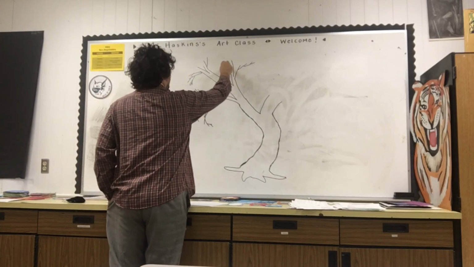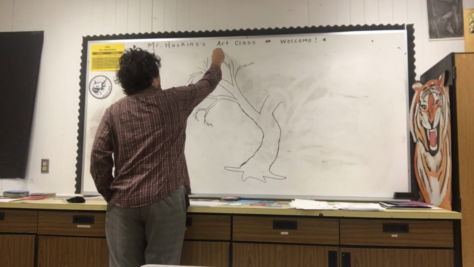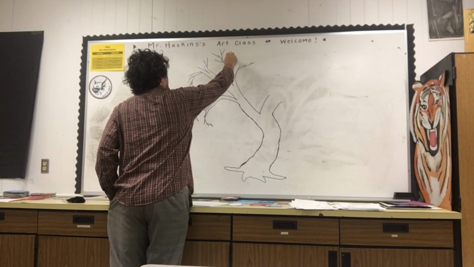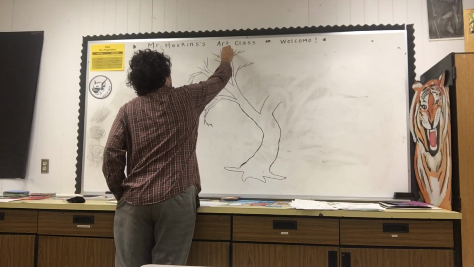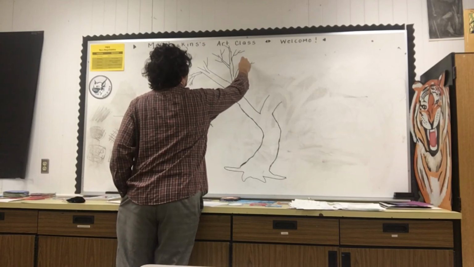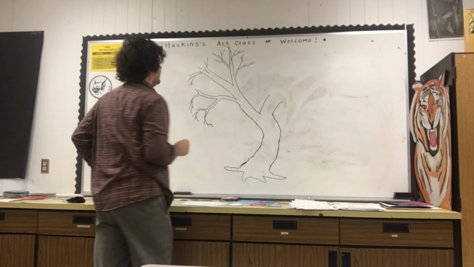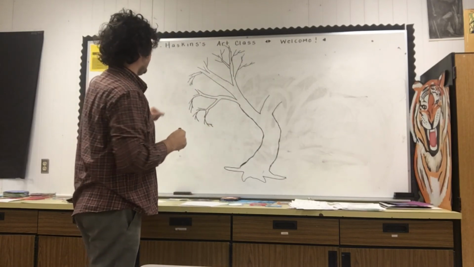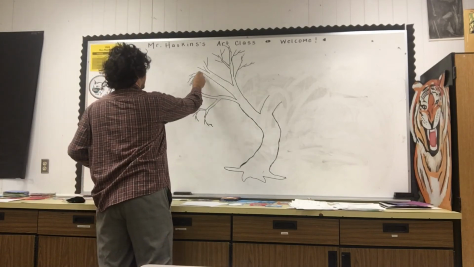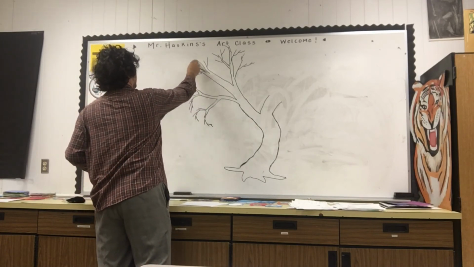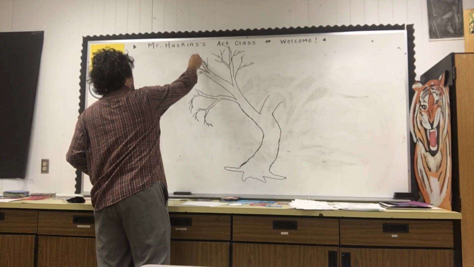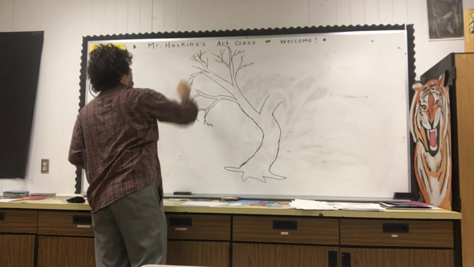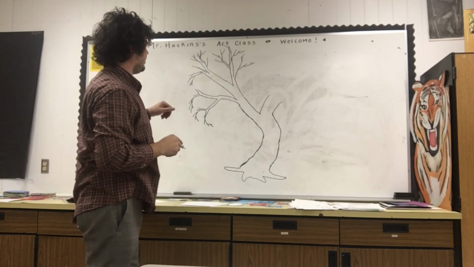Every time I make a branch, I make a smaller branch, till my lines are so small that they go unnoticed, so that they're ending. Every time I add a branch, I add another smaller branch to it.